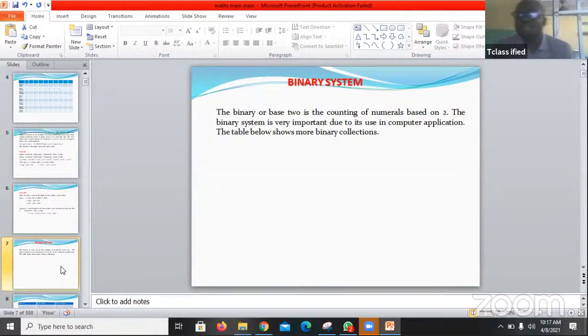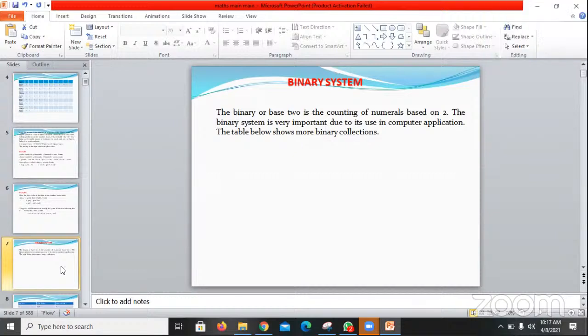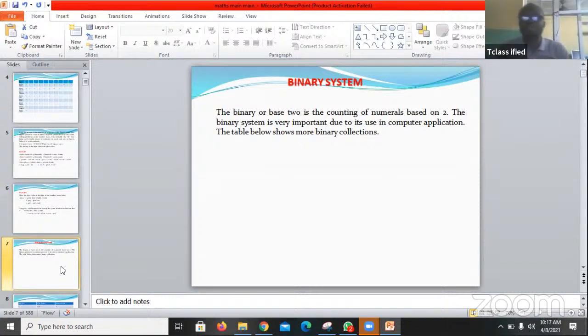So let's look at binary system. What did I say that binary system stands for? 0 and 1. 0 and 1, good. That's base 2, just 0 and 1. So the binary system, or base 2 counting, is based on just the number 2, which includes only 0 and 1.